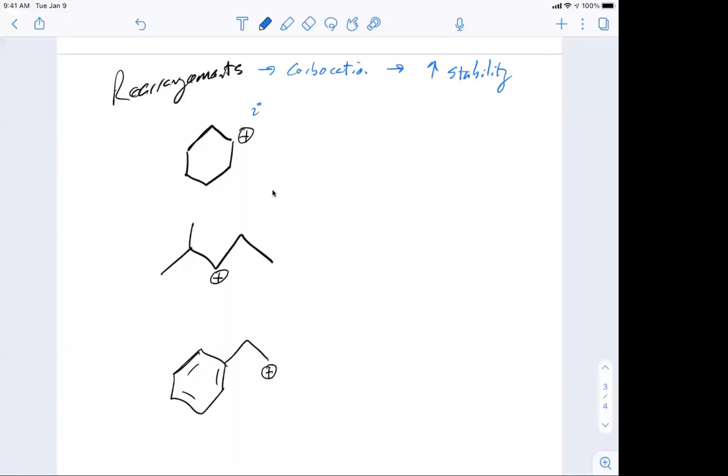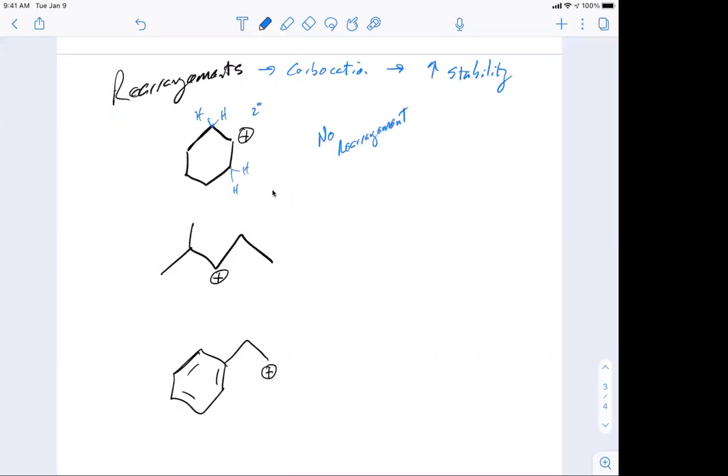There don't look to be any methyls, but if I shifted any of those 4 hydrogens, am I going to increase the stability of this carbocation? No. So in this case, there's no advantage to a rearrangement, so I'm not going to have a rearrangement.